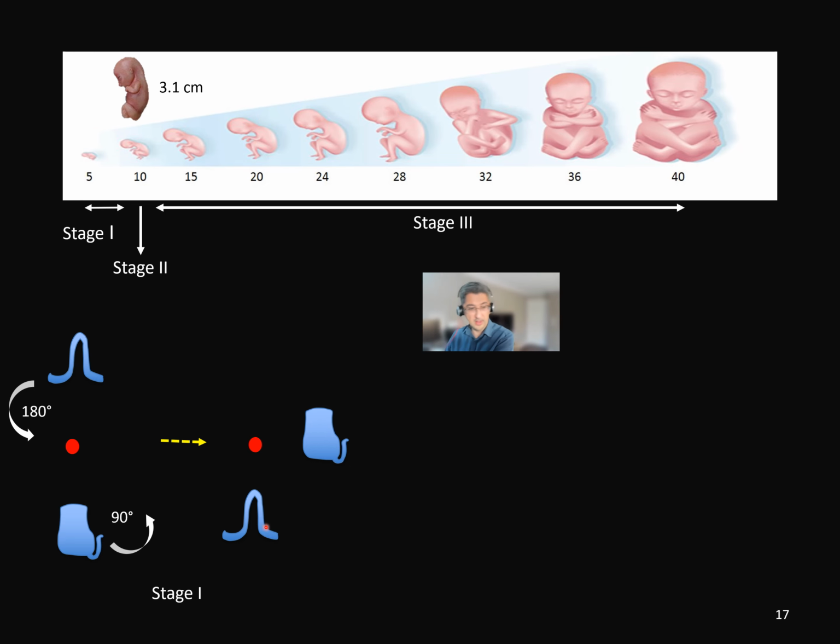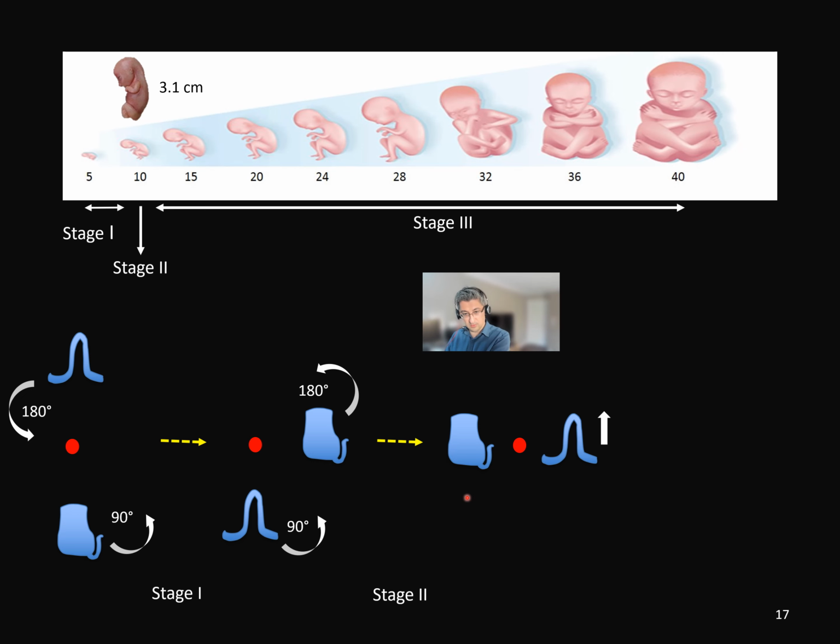During this time, when the bowel is going back, the DJ loop makes an additional 90 degrees rotation and the cecocolic loop an additional 180 degrees. So when we reach stage 2, the final position is the cecocolic loop at the position of 180 degrees and the DJ loop at the position of 0 degrees.